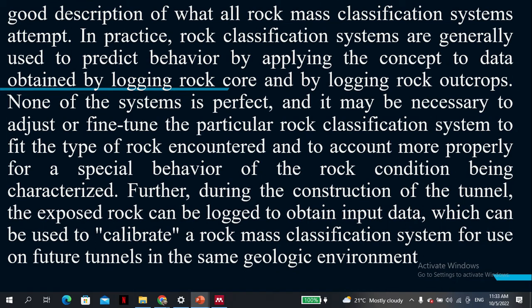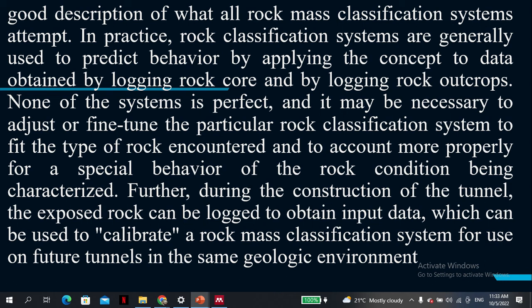In practice, rock classification systems are generally used to predict behavior by applying the concept to data obtained by logging rock core and logging rock outcrops.